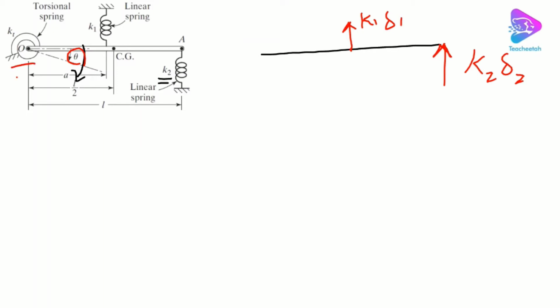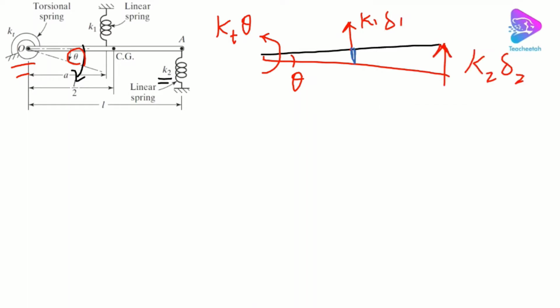We also have a torsional spring which applies a torque in the opposite direction of rotation, which is KT, and this is a torsional spring, so this is KT theta, right? Why? Because theta is the angle of rotation. So one thing that we need to find is the deflection of the spring for each one, right? How can we find that?